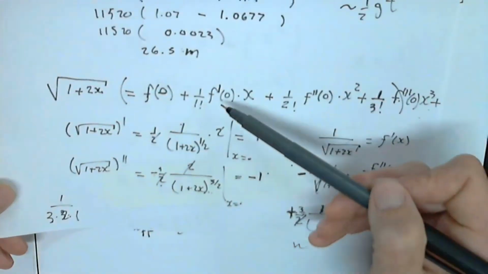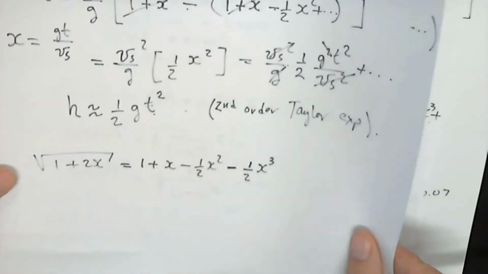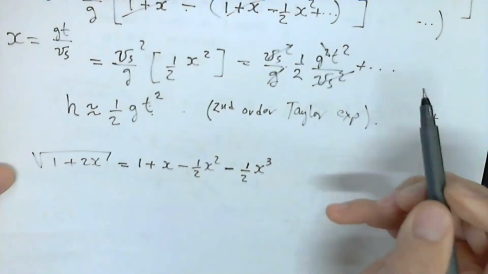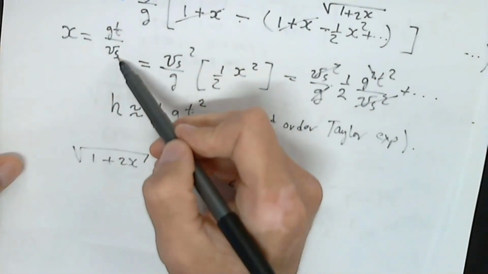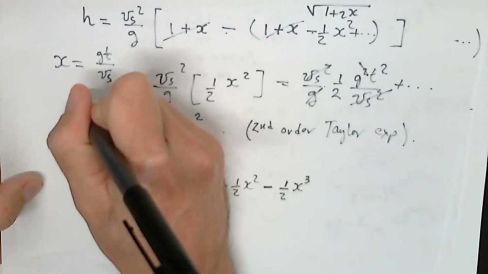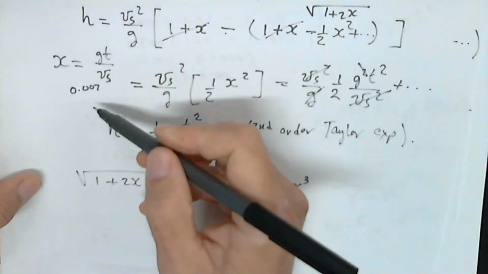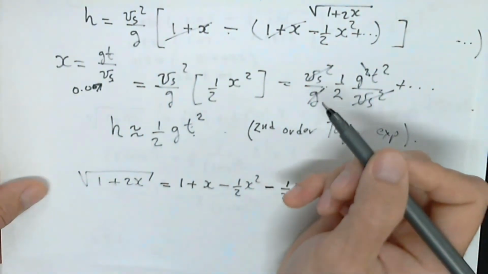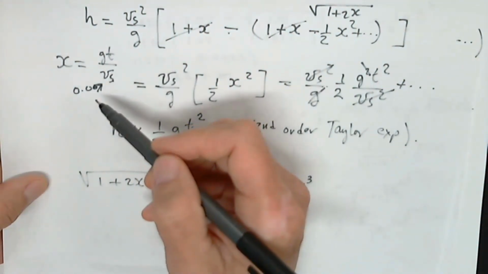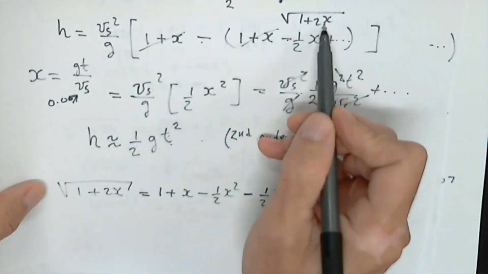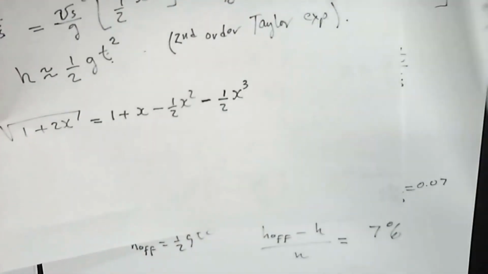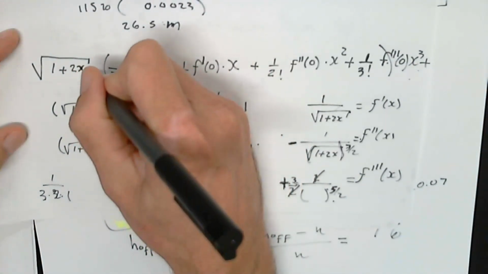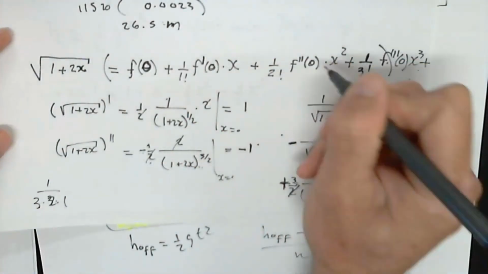do the Taylor expansion of 1 plus 2x. Remember, x is gt over bs, is unitless and is small. Because it's small, no, it was 0.07. Because it's small, you can Taylor expand this function around 0. This is the Taylor function when x is small.